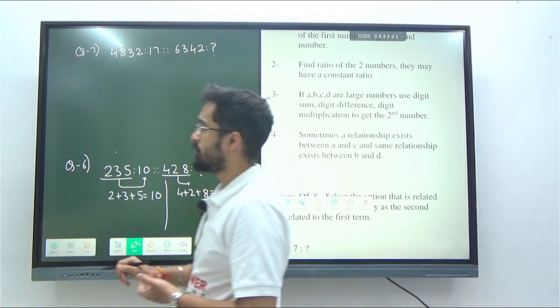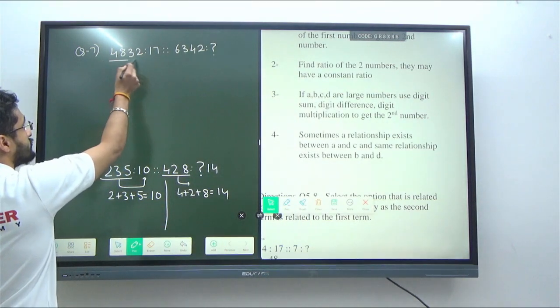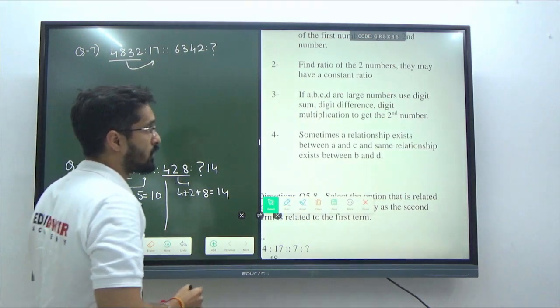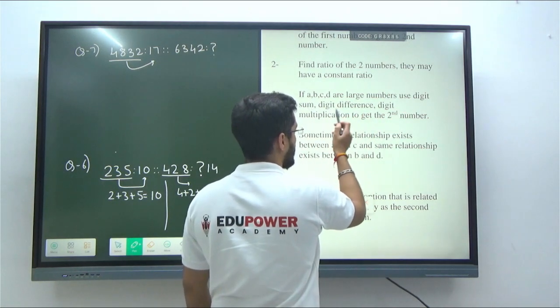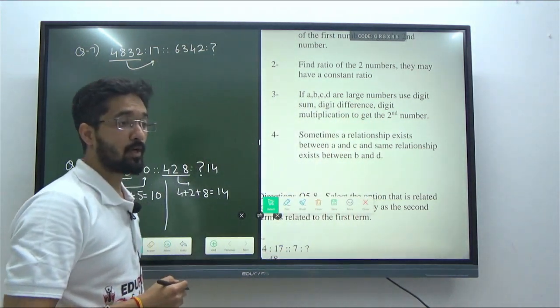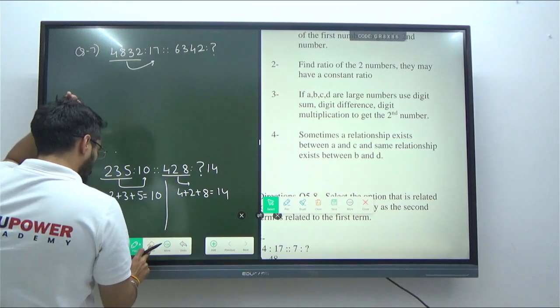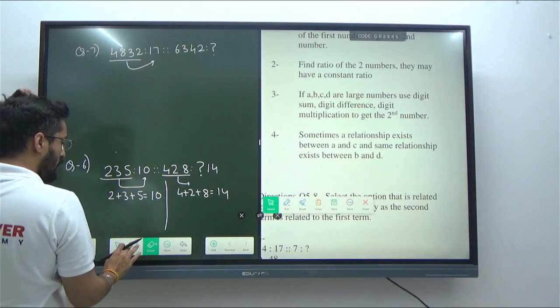Okay, so here what we can see is they are large numbers. Usually for large numbers what we do is we use the approach of digit sum, digit difference, digit multiplication to get the second number. Okay, so let us see how we got the second number.